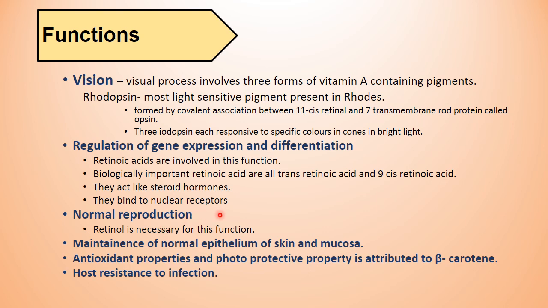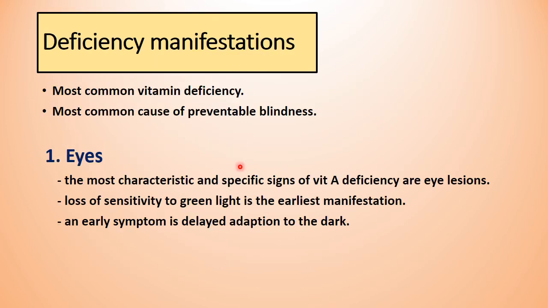Then the third function is in normal reproduction, for which retinol is necessary. Then it maintains normal epithelium of skin and mucosa. Antioxidant and photoprotective properties are attributed to beta carotene. It also provides resistance to infection. So these are the important functions of vitamin A.